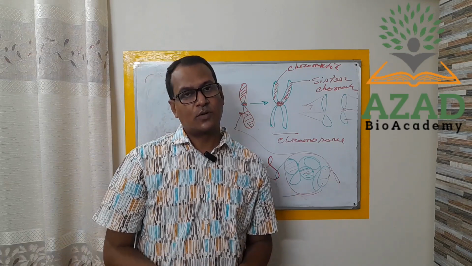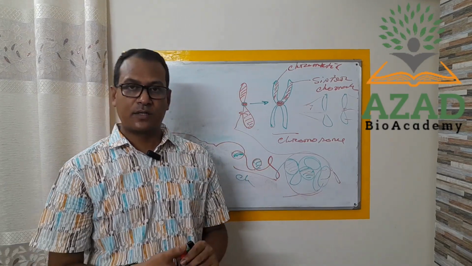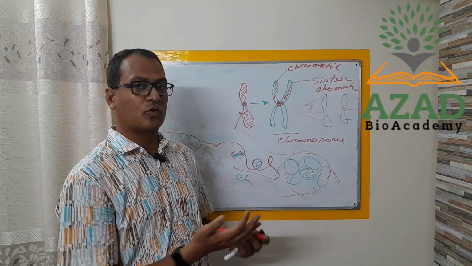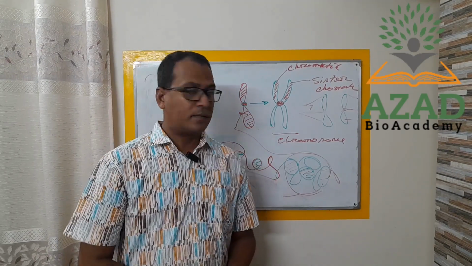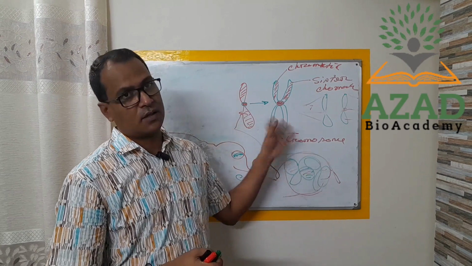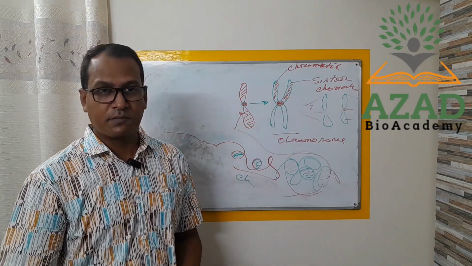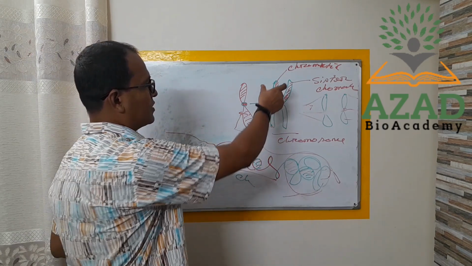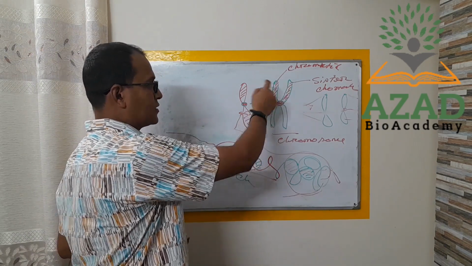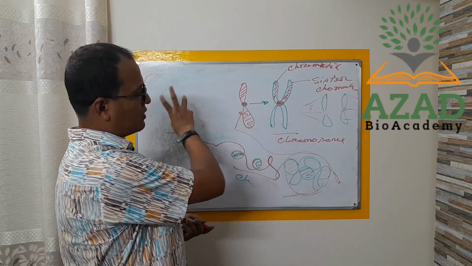Okay. So this is today's discussion topic, that is chromosome. It is the basic condensed form of the genetic material, and the associated things are chromatid and then chromatin.